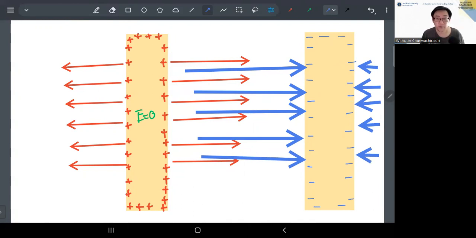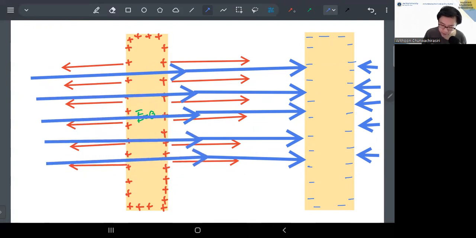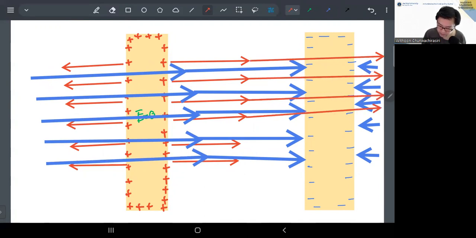Cool? So overall, don't forget, this electric field is going to come all the way from here. It extends infinitely. It doesn't have to stop there. Same thing with the red line here. It's going to extend all the way there. You can draw this on your own. It's kind of fun to do.